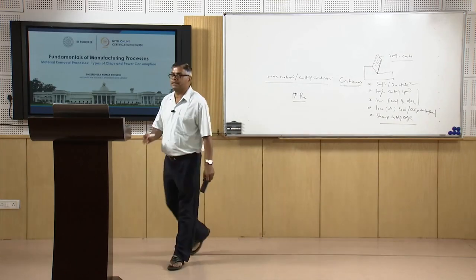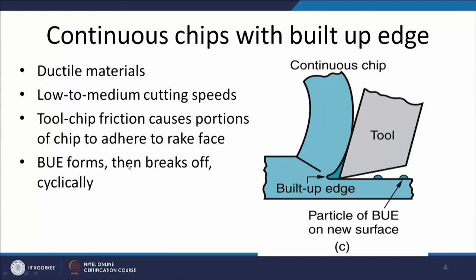So, this is what we can see here: the ductile material, low to medium cutting speed, and the chip tool friction lead to the bonding of the chip material with the rake face, leading to the formation of the built up edge like this. This built up edge grows gradually and eventually it gets broken, and when it breaks it is transferred to the chip as well as to the workpiece.